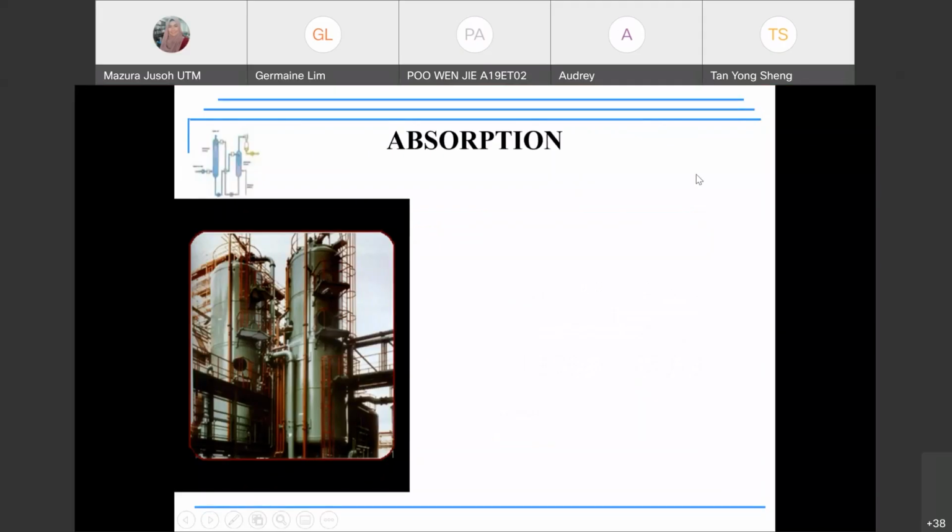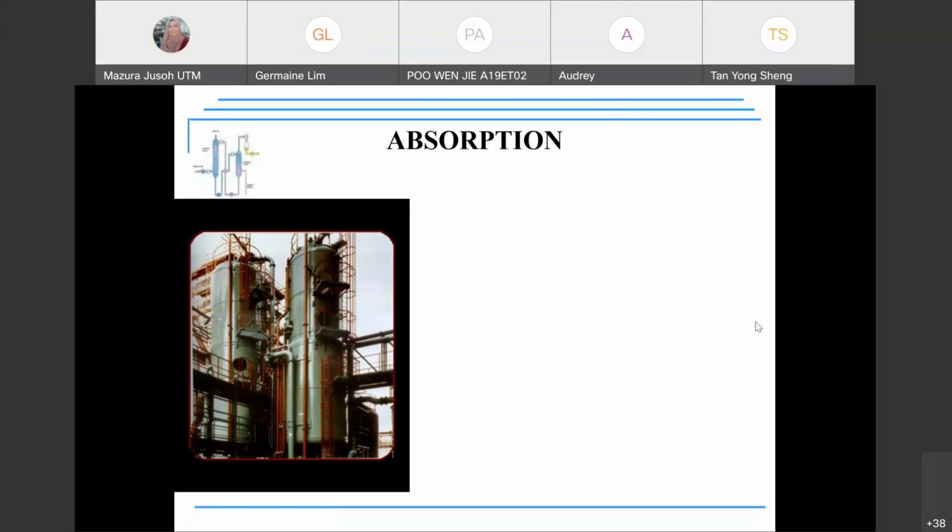Because this is actually in the same chapter in your Jean Copley's book. It's in the same chapter, which means the principle of operation is quite the same. So for humidification, what is the process about? Who can tell me? I will choose one person to answer the question.